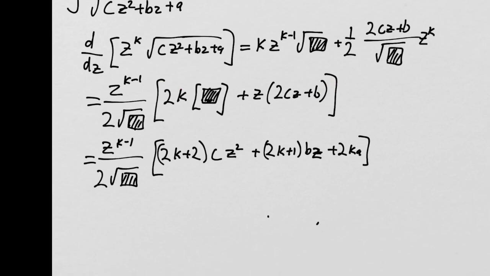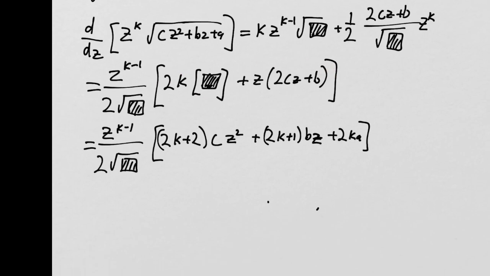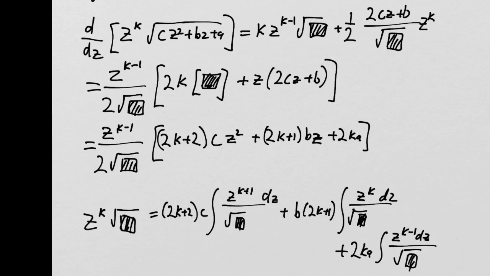So now we integrate. The integration starts with the left-hand side, but the integral of this derivative just brings back this term, so it's z root box, because remember this is box. And then integrating this first term, the z squared turns the z to the k minus 1 into z to the k plus 1.